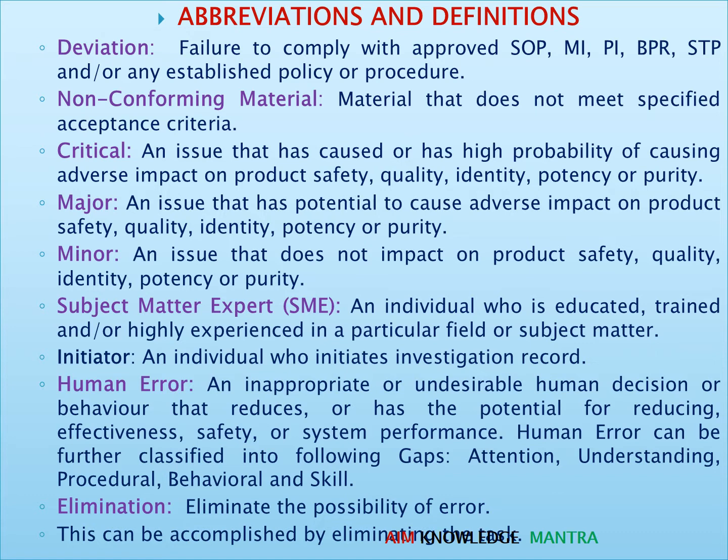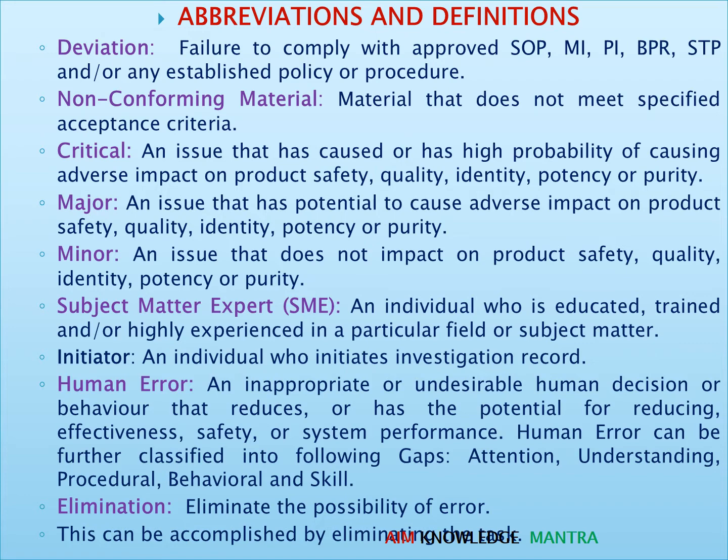Human error, an inappropriate or undesirable human decision or behavior that reduces, or has the potential for reducing, effectiveness, safety, or system performance. Human error can be further classified into the following gaps: attention, understanding, procedural, behavioral, and skill. Elimination, eliminate the possibility of error.